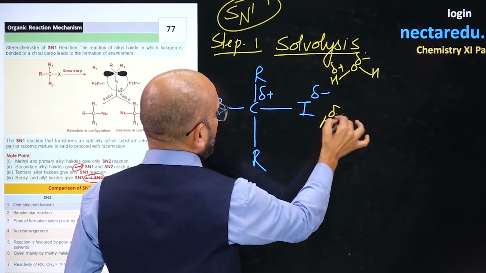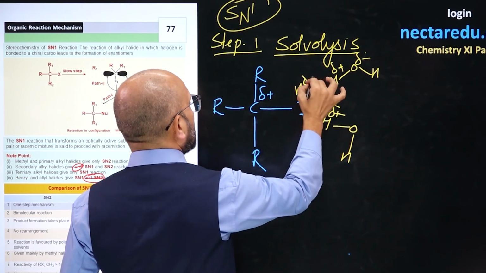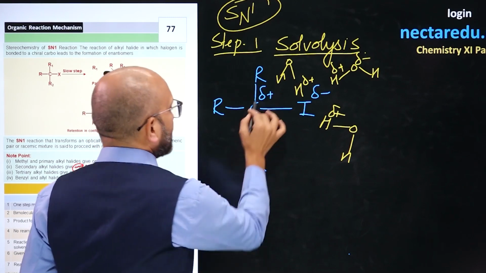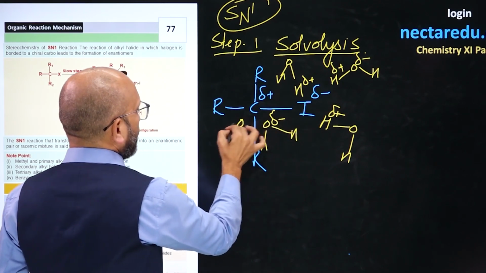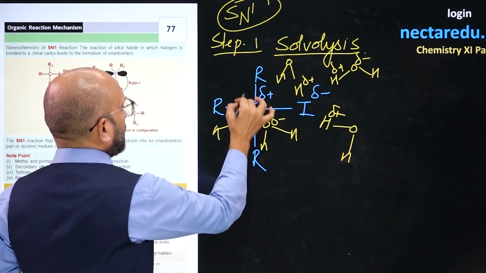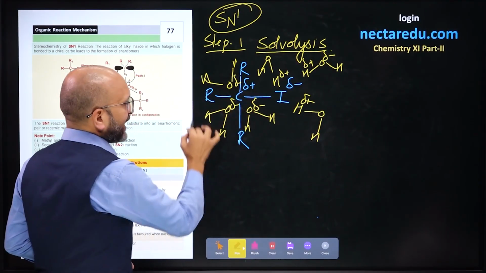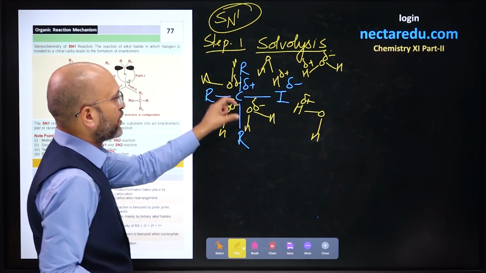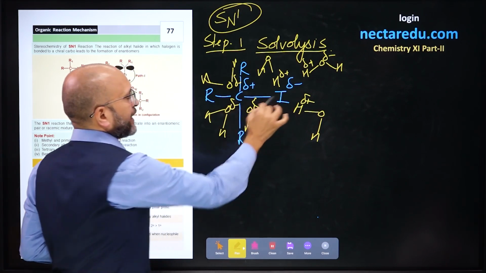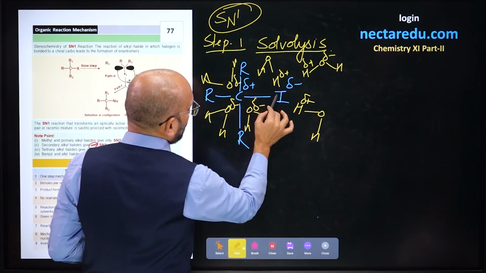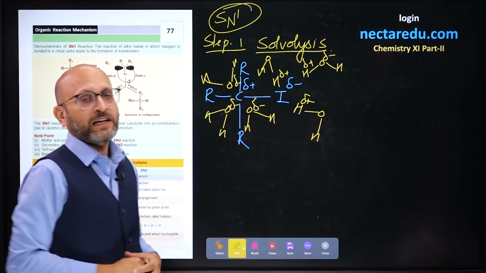So the H plus end surrounds the halogen, whereas oxygen will surround the carbon. So the attraction between O of water and the carbon plus increases and the attraction between carbon and iodine decreases. Similarly, the attraction between I and hydrogen of water increases and the attraction between carbon and iodine decreases.